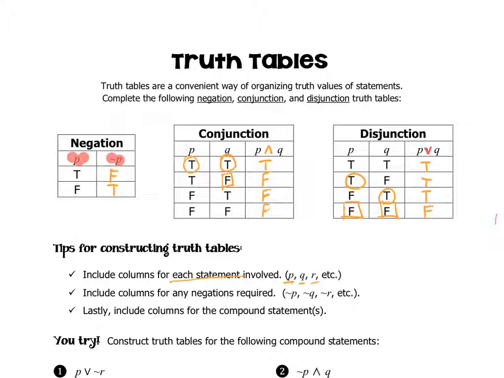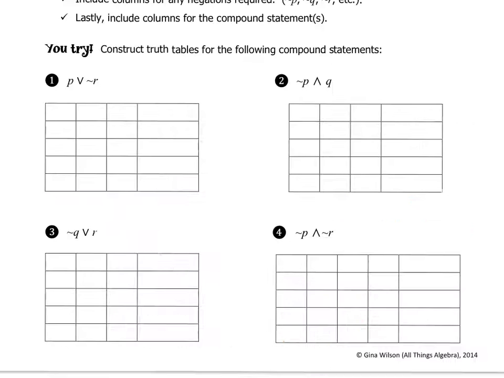Once you have the original statements, you add on the negations required. Often not all are required, maybe just 1 or 2 out of 3, or maybe more than 3. Whatever is required in the original problem provided, you put that down. And finally, you include columns of the compound statements. So let's take a look at how that's done.